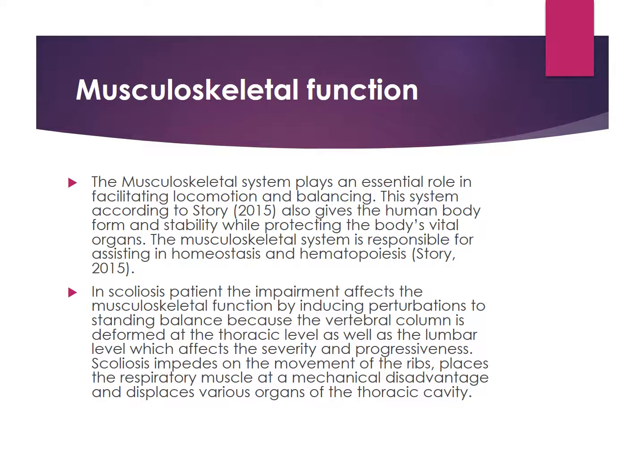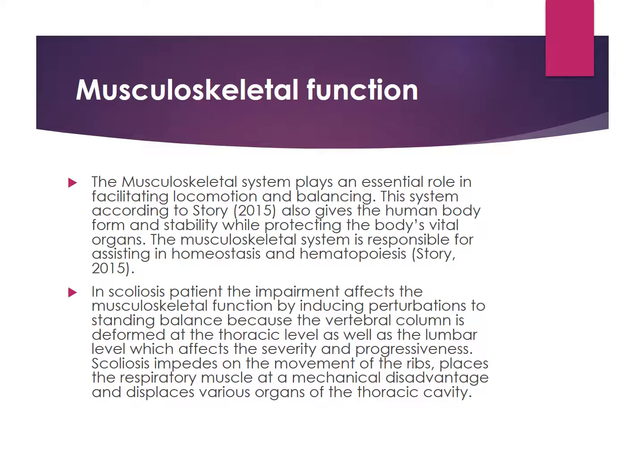The musculoskeletal system is responsible for assisting in homeostasis as well as hematopoiesis. In scoliosis patients, the impairment affects the musculoskeletal function by inducing perturbations to standing balance because the vertebral column is deformed at the thoracic level as well as the lumbar level, which affects the severity and progressiveness.